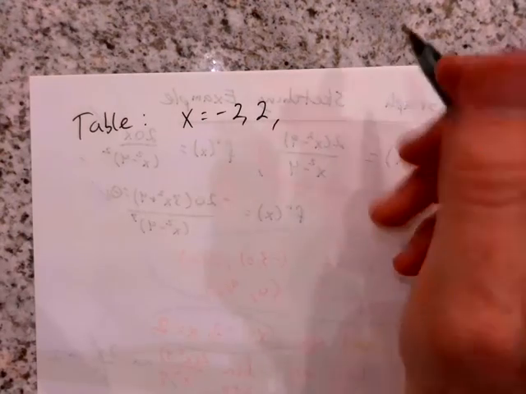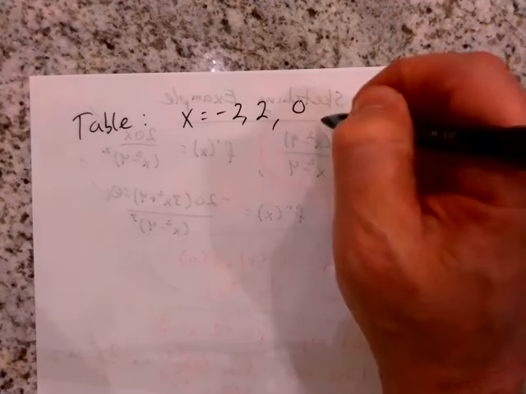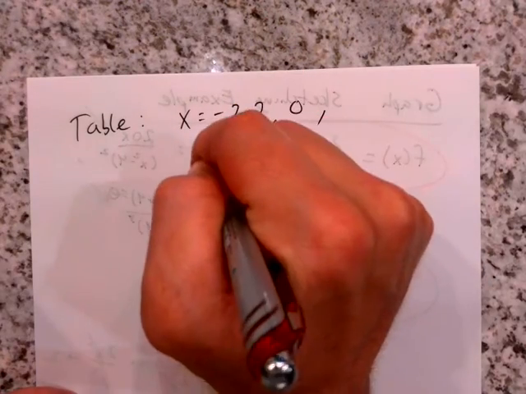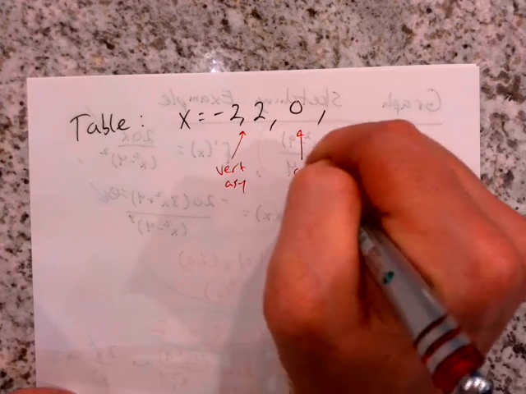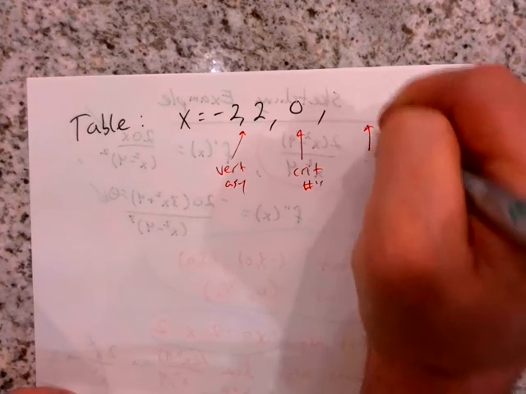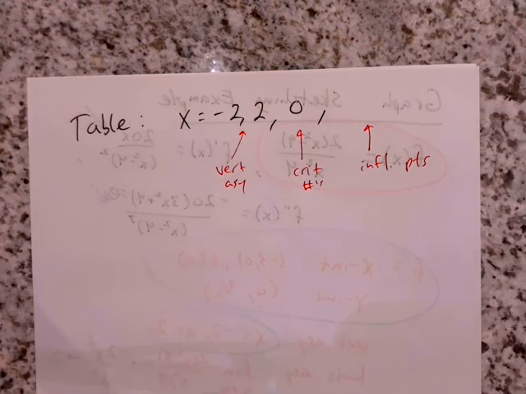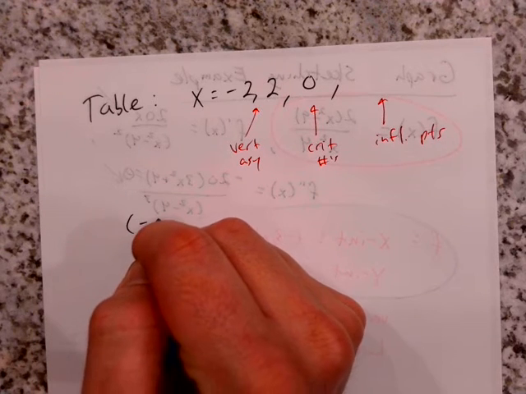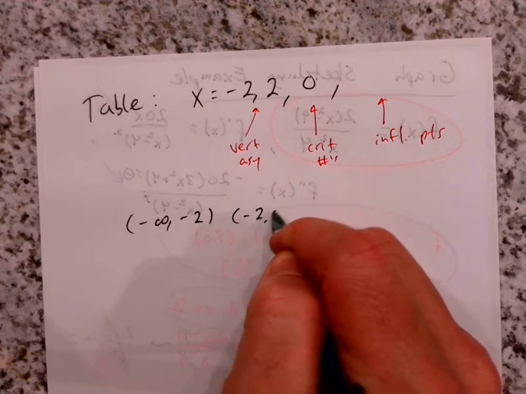And also critical numbers are points where the shape might change, and inflection points, which we don't have. So when you make your table, you include any vertical asymptotes, any critical numbers, and any inflection points, which we don't have, so that's blank. And then you split the real line using those points of interest.